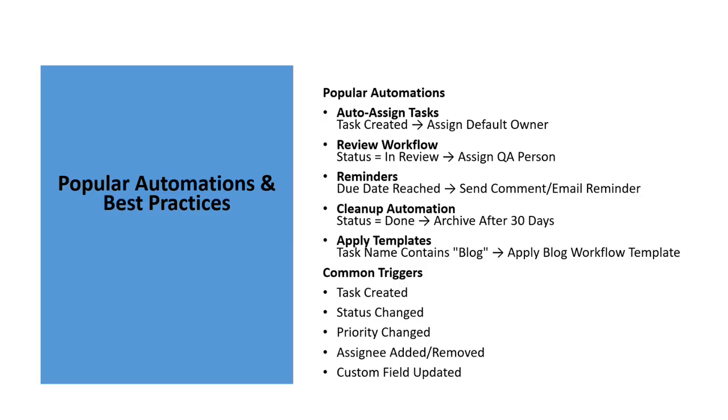Some common triggers available in ClickUp include task created, status changed, priority changed, assignee added or removed, and custom field updated. Some common actions include assign task, change status, add or remove tags, add comments, update custom fields, and move tasks.